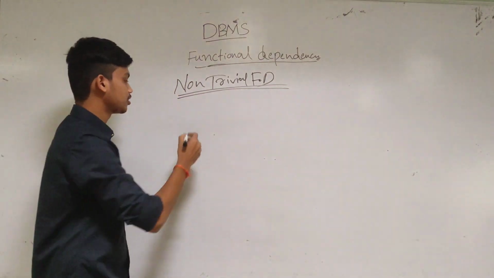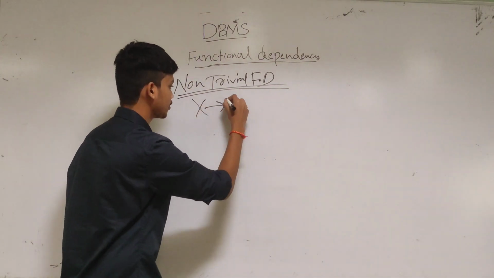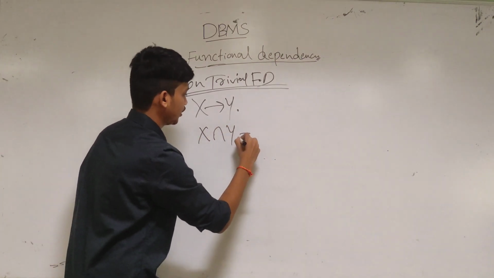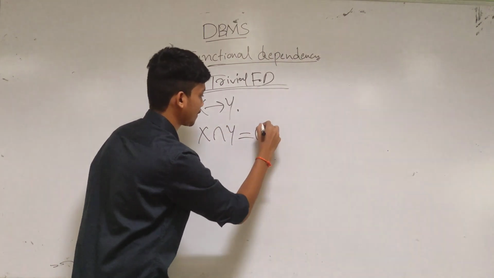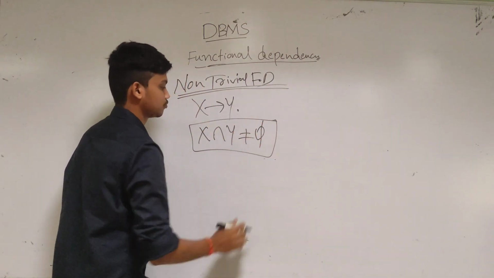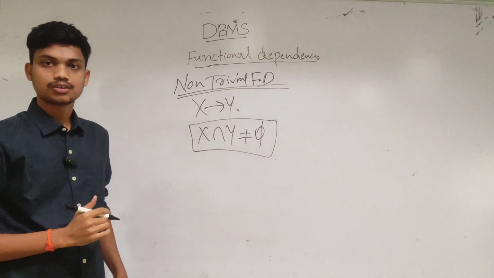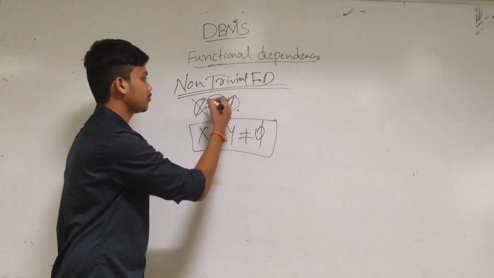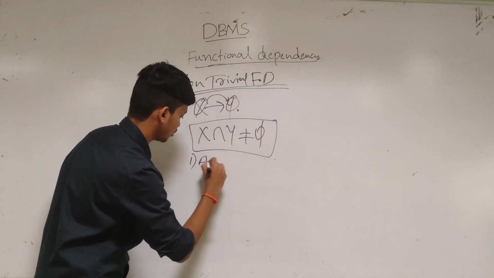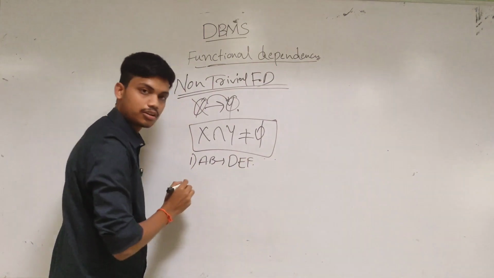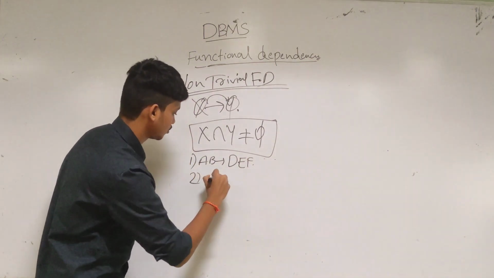In a non-trivial functional dependency, let us say Y is functionally dependent on X. That means X intersection Y should be equal to empty set. In this case, there should not be anything common between X and Y. Let us say AB tends to DEF. This is a non-trivial functional dependency.